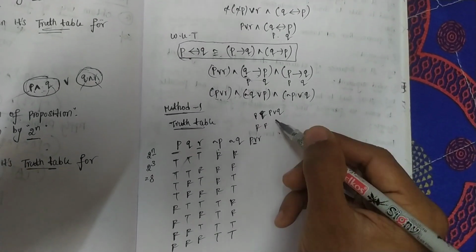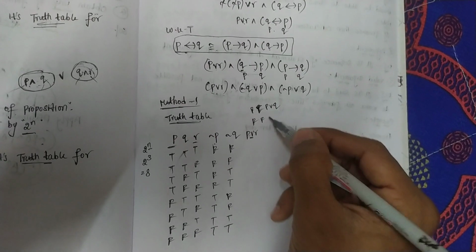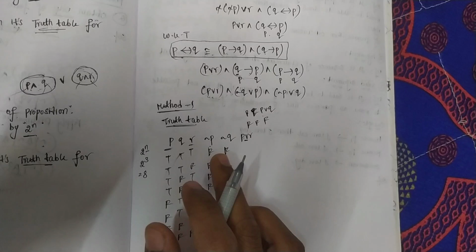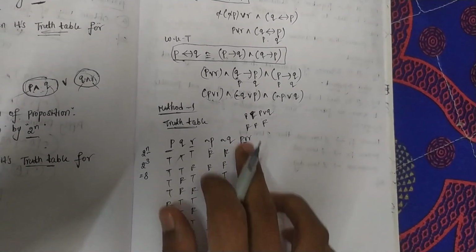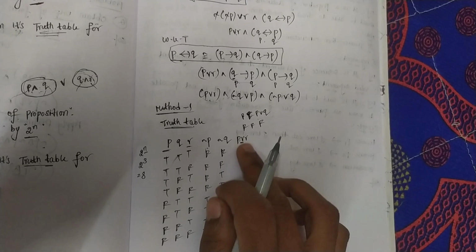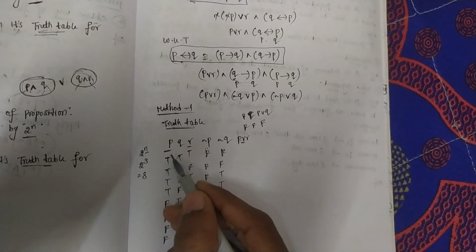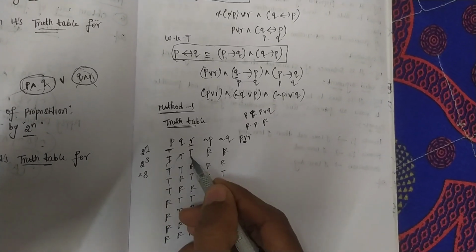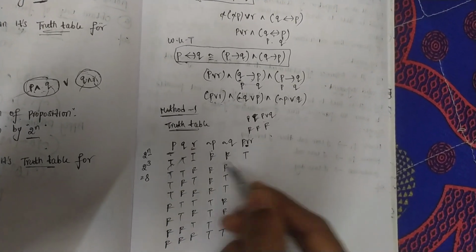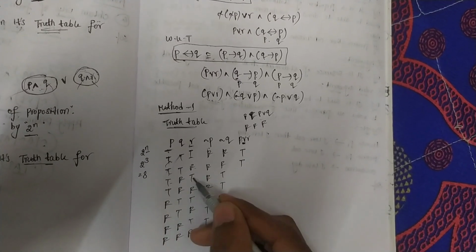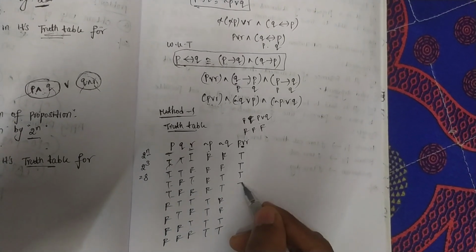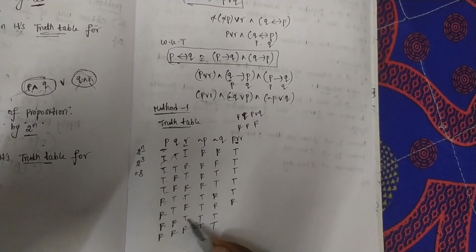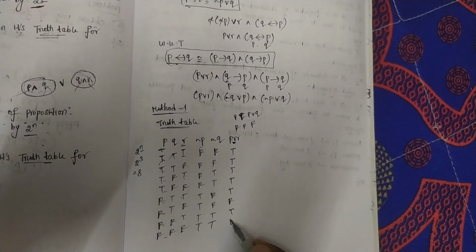If two are false, then the whole statement is false. So comparing these values, if any two values are false, the whole value is false. If any one is true, we get true only. So comparing P and R: true true gives true, true false gives true, false true gives true, false false gives false.